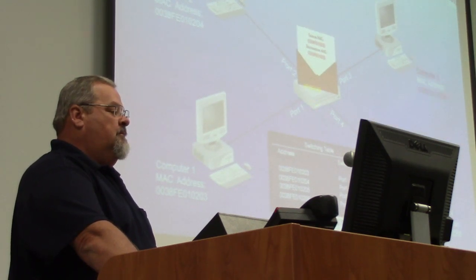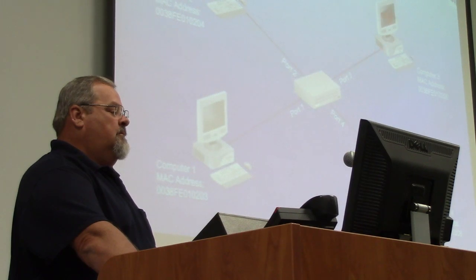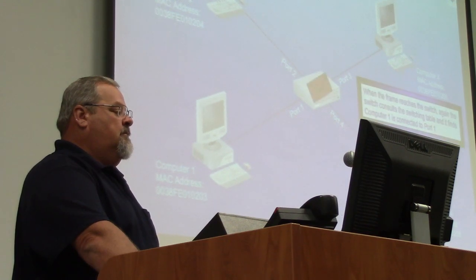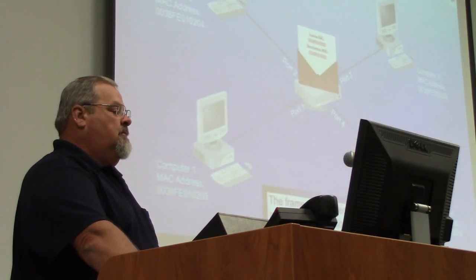In this case, it finds that computer 3 is connected to port 3, so the switch forwards the frame out port 3. Computers 2 and 4 never see the ping frame. When computer 3 receives the ping frame, it sends a ping reply back to computer 1. When the frame reaches the switch, again the switch consults the switching table and finds computer 1 is connected to port 1. The frame is forwarded out port 1 and is received by computer 1.